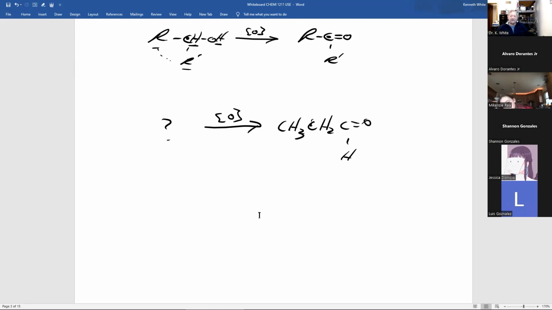And this is the fun part of organic chemistry. Well, I'm biased. I'm a synthetic organic chemist. Remember, synthesis is a fancy word meaning to make.